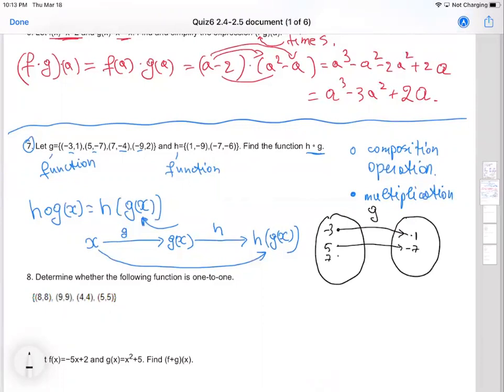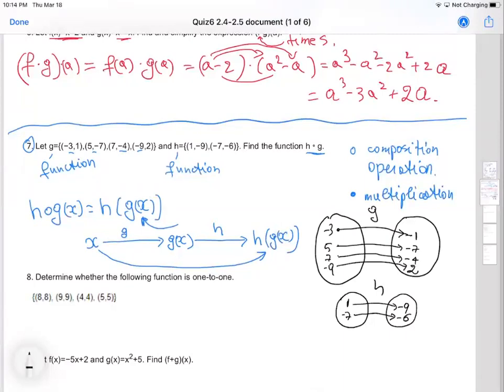Takes 7 to -4. And takes -9 to 2. And then we have h. H takes 1 to -9 and -7 to -6.